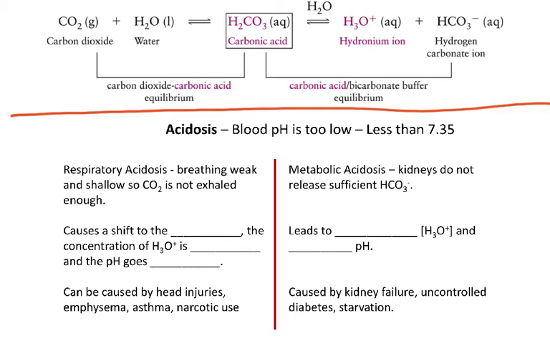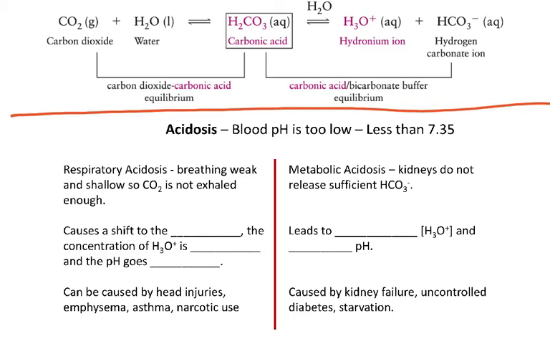So respiratory acidosis is breathing weak and shallow so that carbon dioxide is not exhaled enough. Okay, so we're not exhaling CO2 enough. It's starting to build up in the blood, and so that would cause a shift to the blank, right?